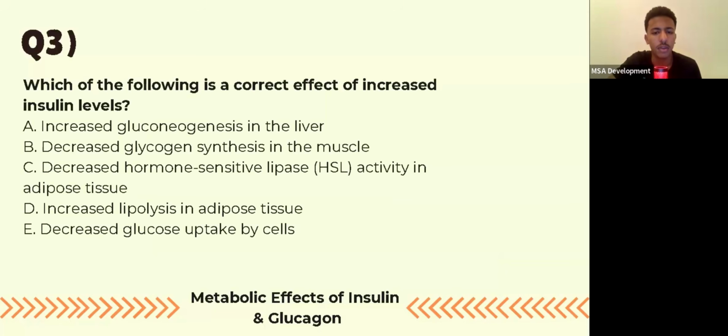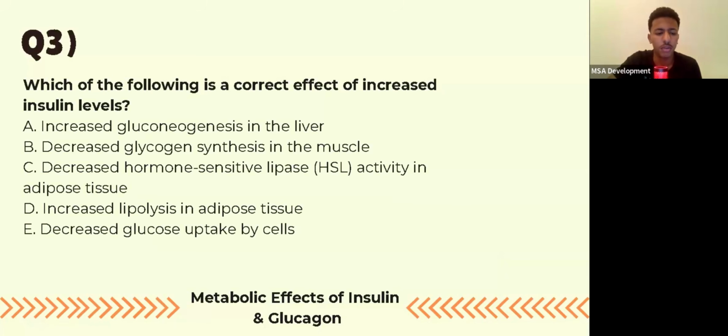Question 3. Which of the following is a correct effect of increased insulin levels? Increased gluconeogenesis in the liver, decreased glycogen synthesis in muscle, decreased hormone-sensitive lipase activity in the adipose tissue, increased lipolysis in adipose tissue, or decreased glucose uptake by cells. One of them is the effect of increased insulin.